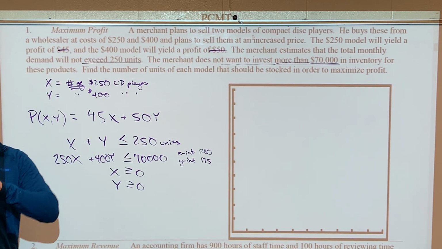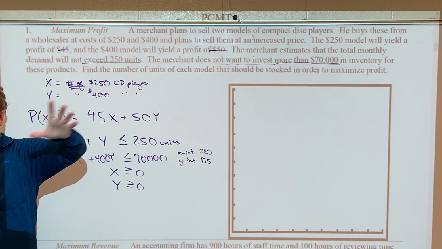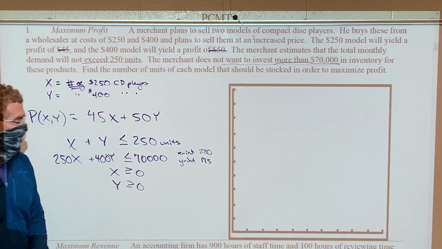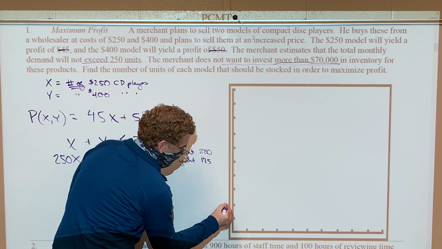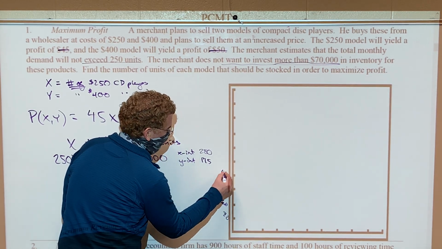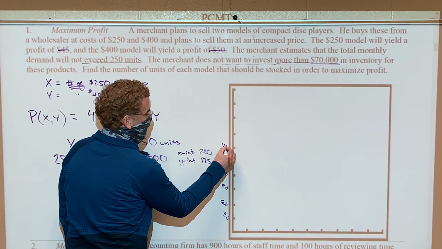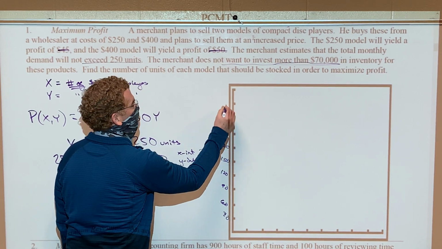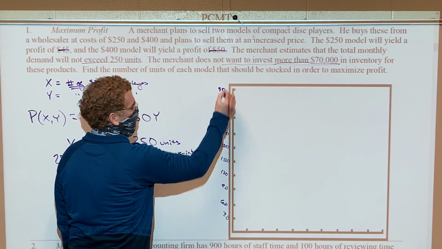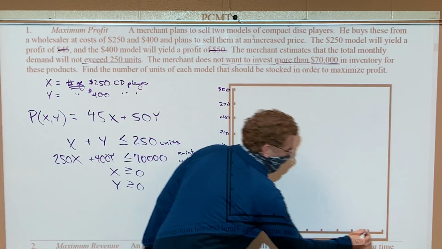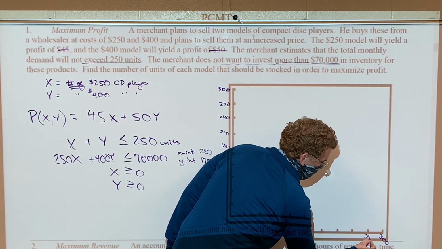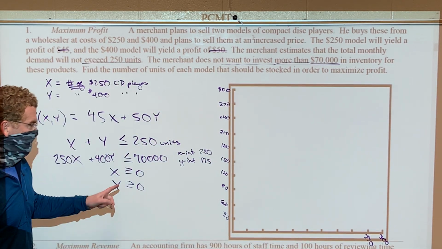I like to stretch my graph out, make it as big as possible, use as much of the graph as I possibly can. So if I went by 30s: 30, 60, 90, 120, 150, 180, 210, 240, 270, 300. If I did that, 300, 270, I can probably get all these in there pretty nicely.